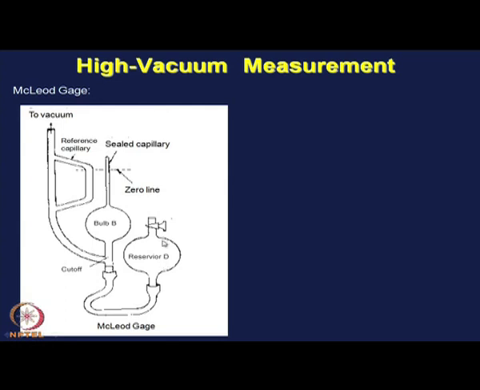We continue to raise the reservoir until the mercury level in the reference capillary meets the 0 on the scale, and then from the knowledge of this length we can measure the pressure from the knowledge of the dimensions of this MacLeod gauge.